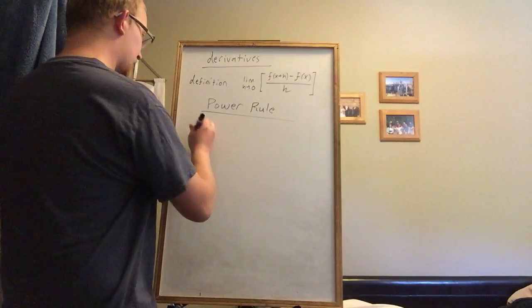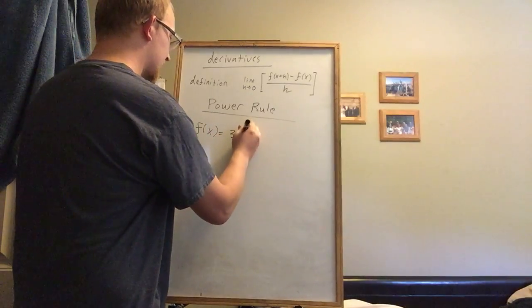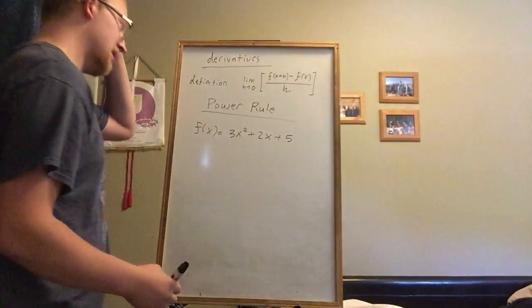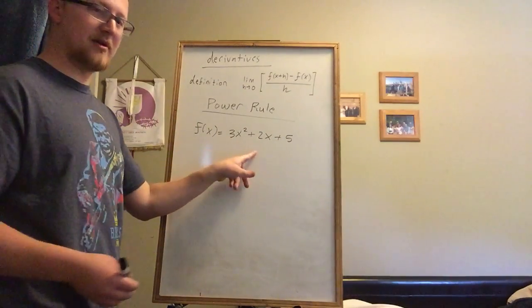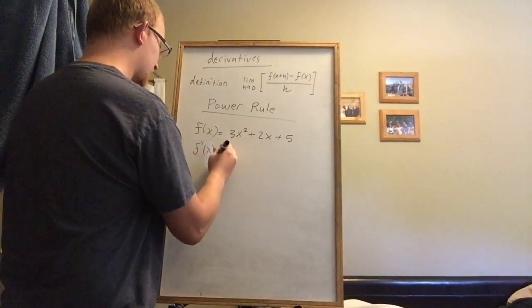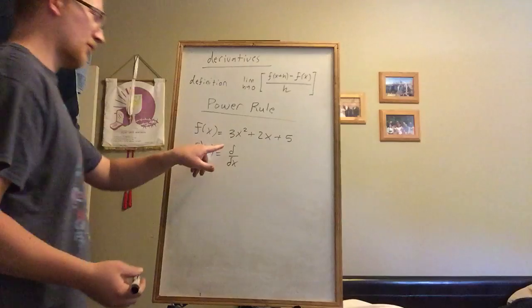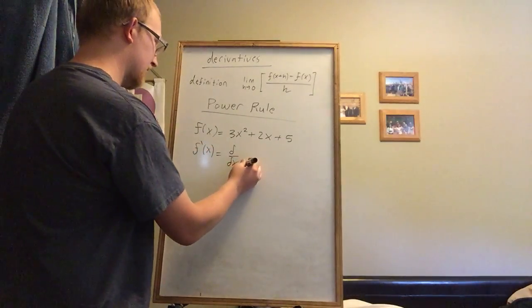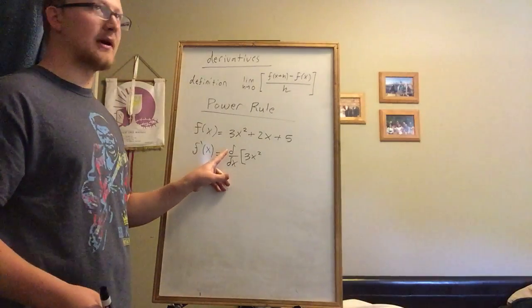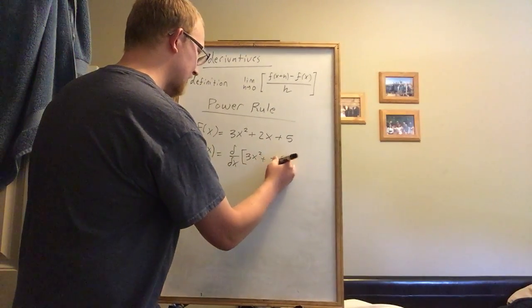And what that means is, for example, if I have f of x and it's a polynomial, like 3x squared plus 2x plus 5, and I want to take the derivative of this, f prime of x is going to equal d dx, and of course d dx stands for the derivative with respect to x. And that's a more formal way to write it as opposed to prime. But prime will save you a lot of time.